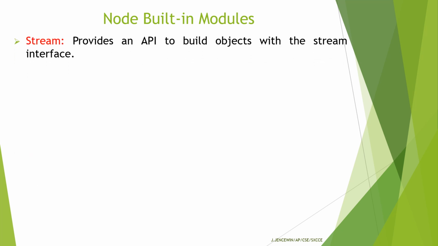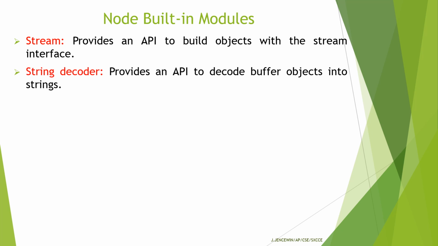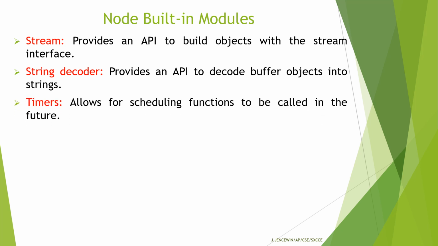Stream module, this provides different APIs to build objects with the stream interface. If you are creating a stream interface, it normally handles data piece by piece. String decoder, this provides the functionality or API to decode buffer objects into strings. Timers module, this allows for scheduling functions to be called in the future.